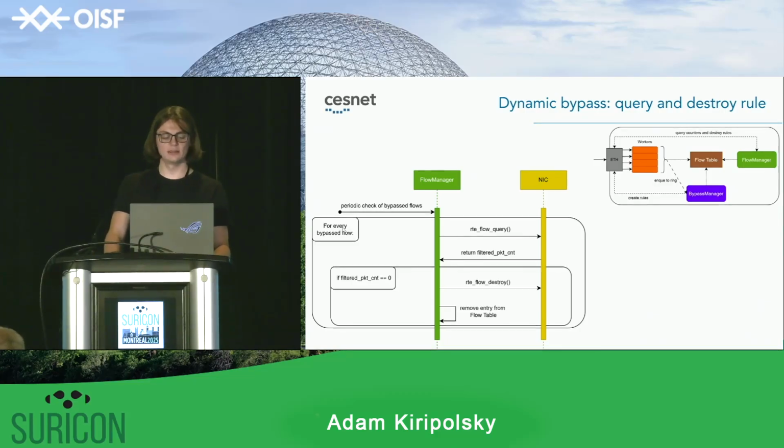In the case that the filtered packet count or the hardware counters were 0, we destroy this rule and remove it from the flow table. Meaning in this process that we basically don't waste the capacity of the NIC.